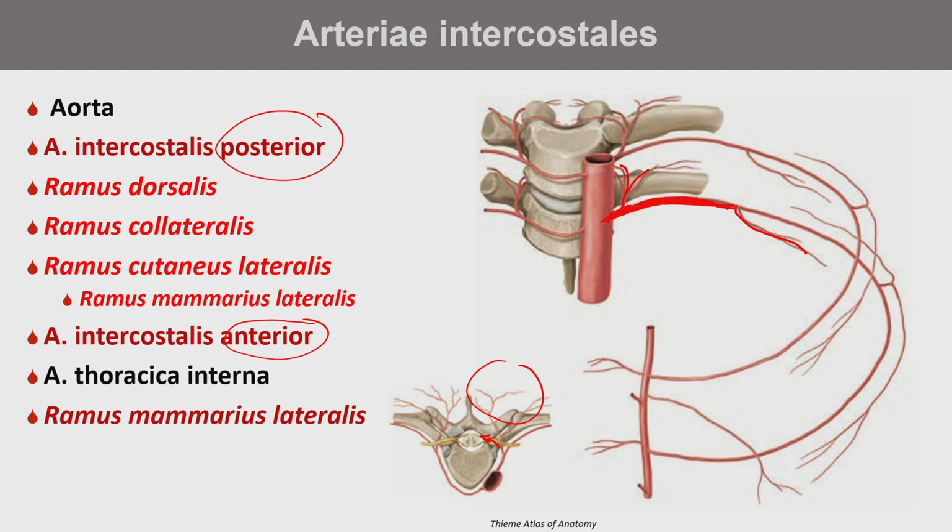This collateral branch, ramus collateralis, is then going down, and it is aligned along the upper edge of the rib. We know that the main intercostal neurovascular bundle is shielded by this costal edge.